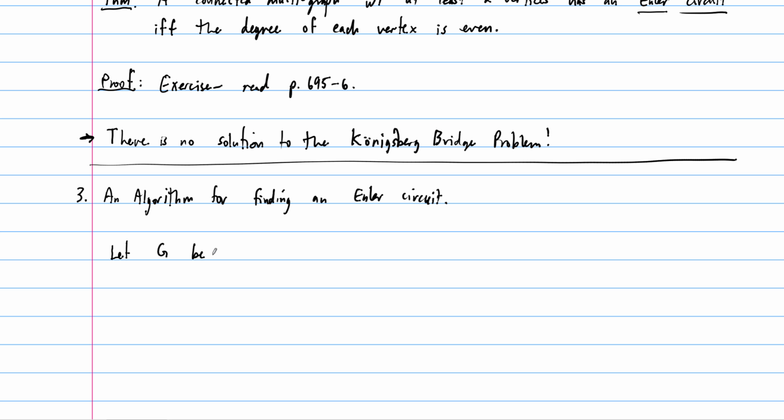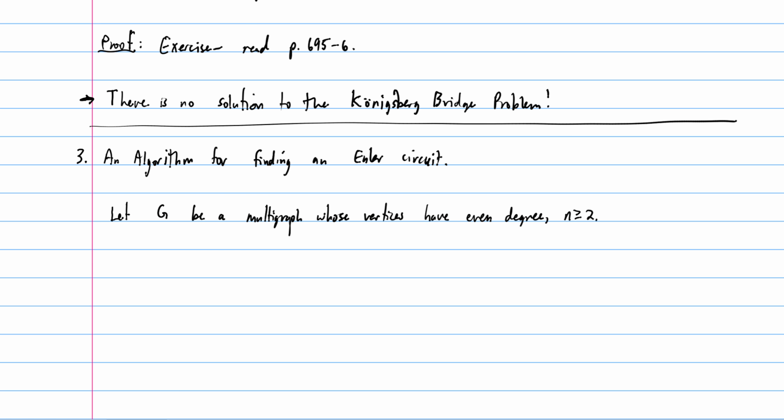So let G be a multigraph whose vertices each have even degree. And then I should have said, and the number of vertices n is bigger than or equal to 2. So here n represents the number of vertices.